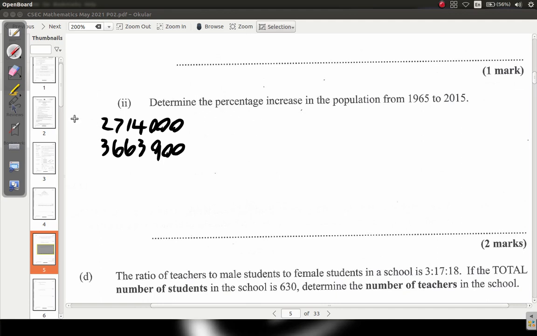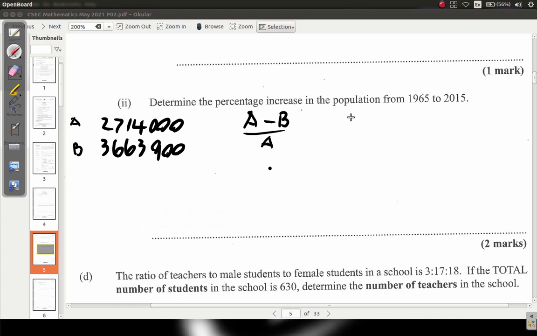Call the figures A and B. When you have A increase to B, it's going to be A minus B over A.